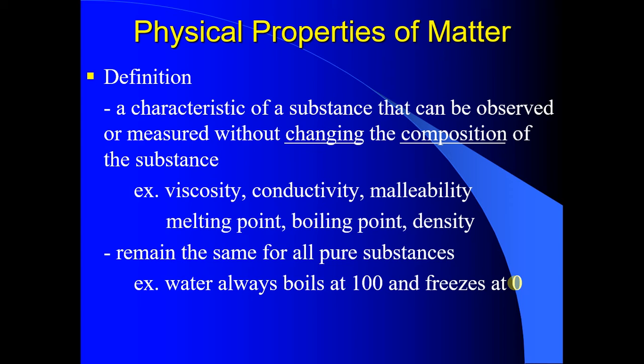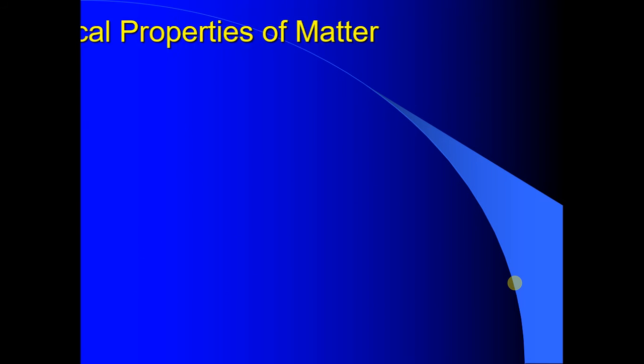Other examples of physical properties might be size, might be shape, things like that. Right? Things that we can easily see and measure without reacting our substance with something else.